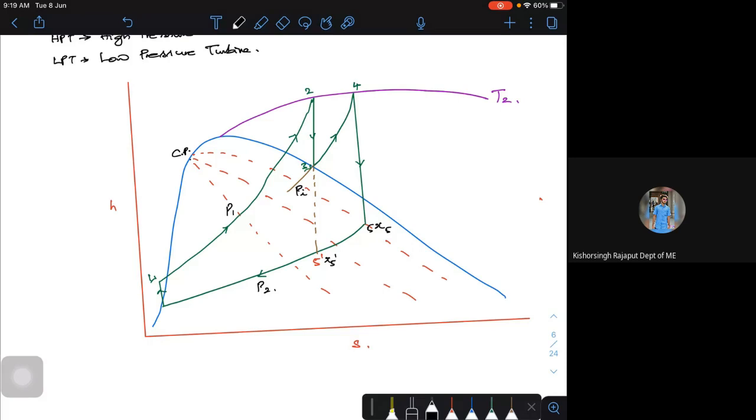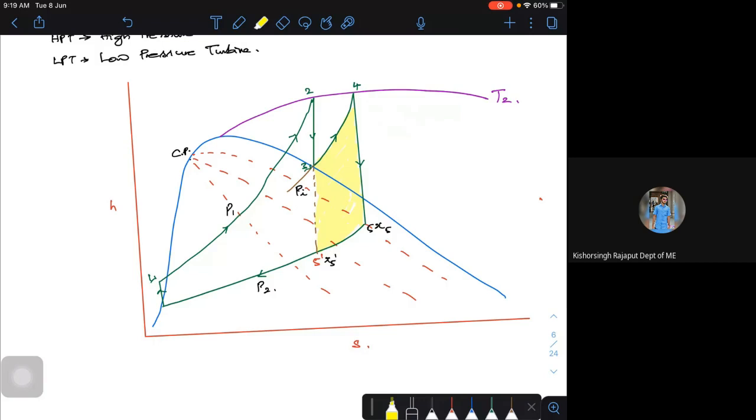Because of this, I could see there is an addition here. This is the amount of extra heat I'm putting, and because of that there is extra work done, an increase in enthalpy drop. Look at what's happening here. Even though you are adding something, there is an increase in enthalpy change.